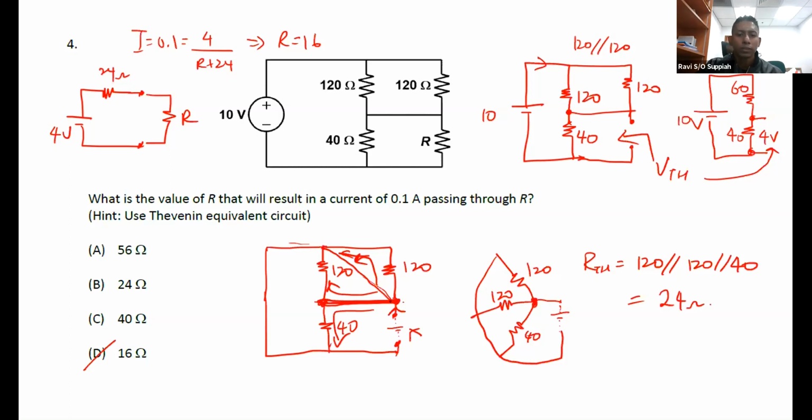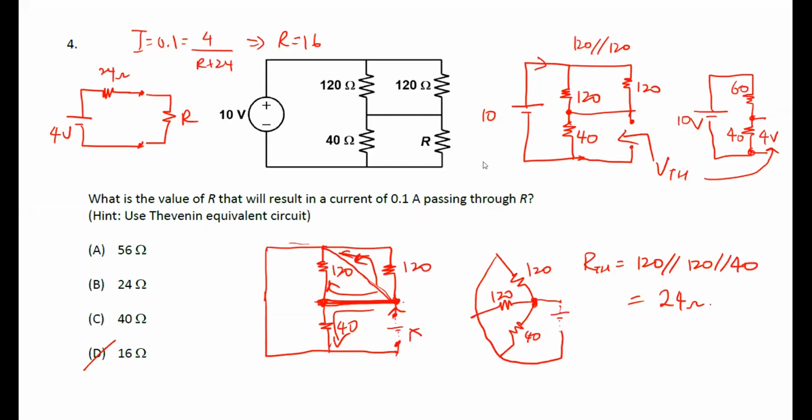So from this single point, I have one branch which is 120, another 120, and then another 40. And then I can see that these 3 are actually in parallel. So that is the difference between this circuit and the other circuit.